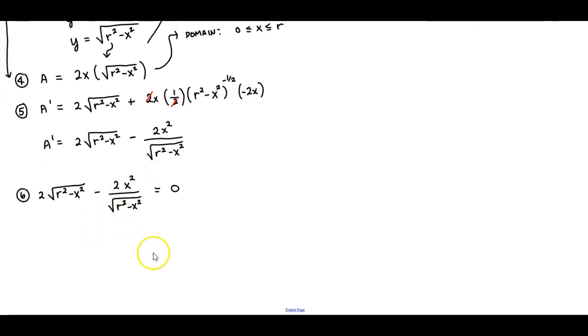Okay, now let's add the 2x squared over the square root of r squared minus x squared to the other side. So we're going to get 2 times the square root of r squared minus x squared, and that's going to equal 2x squared over the square root of r squared minus x squared.